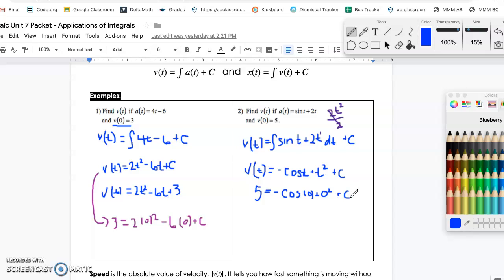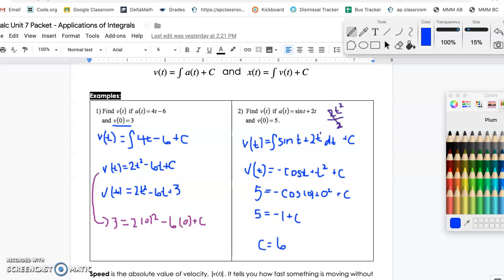Because this isn't a polynomial, we actually do have to plug in and do this step here. So I'm going to have 5 equals negative cosine of 0, which is going to be 1. 0 squared cancels out, plus c. So c equals 6.